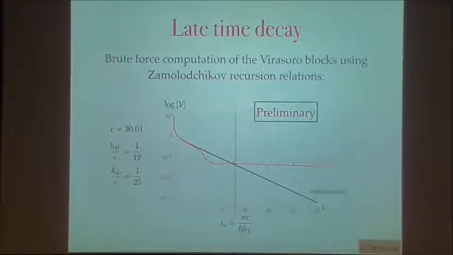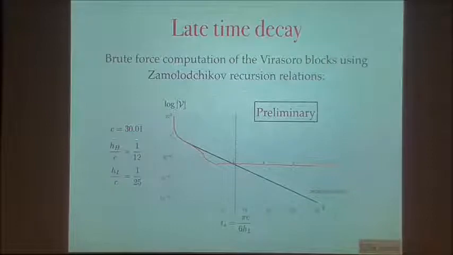And we did that, and we were able to compute the coefficients of the expansion around z equal to 0 to 1200th order. And then we use that expression to study the late time behavior of the Virasoro block. So you can see this is a preliminary result. It's going to come out probably this month, probably the next, probably the one after.